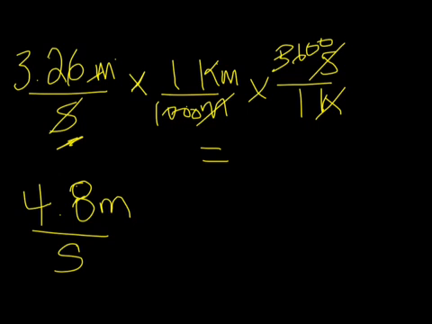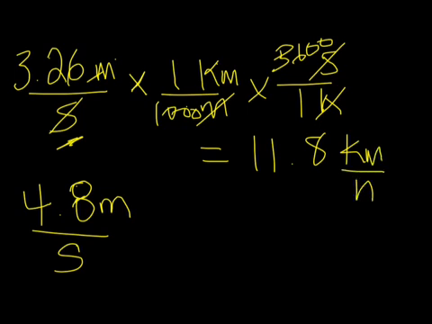And so it's going to be 3.26 times 1 divided by 1,000 times 3,600 divided by 1. So 3.26 divided by 1,000 and times 3,600 divided by 1 gives us 11.8 kilometers per hour.